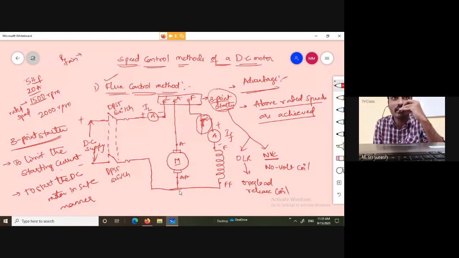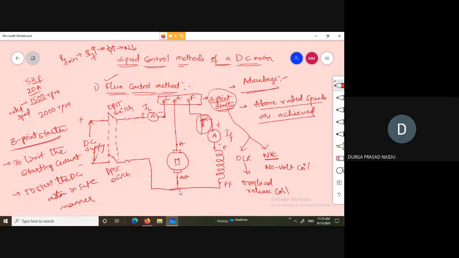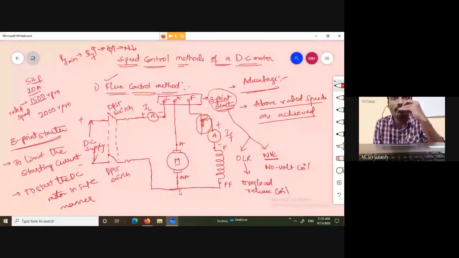If the field resistance is minimum, what happens to the field current? Field current is maximum. If the field current is maximum, what happens to the flux? Flux is maximum. If the flux is maximum, what happens to the speed? Speed is minimum. So in order to safely start a DC motor, we keep the field resistance at the minimum resistance position.